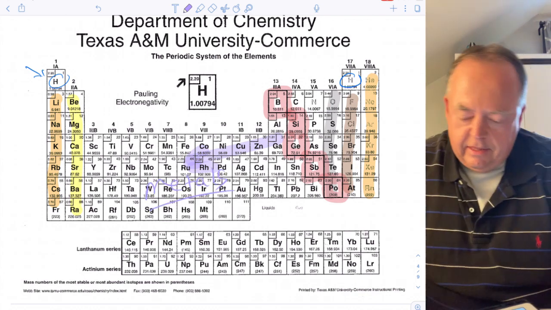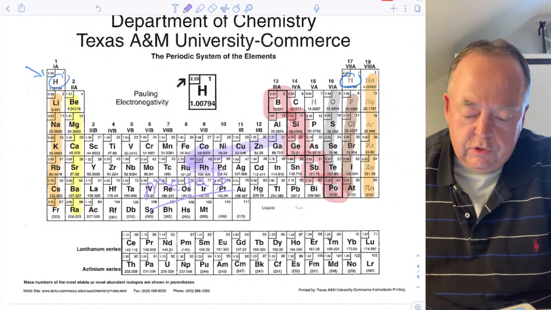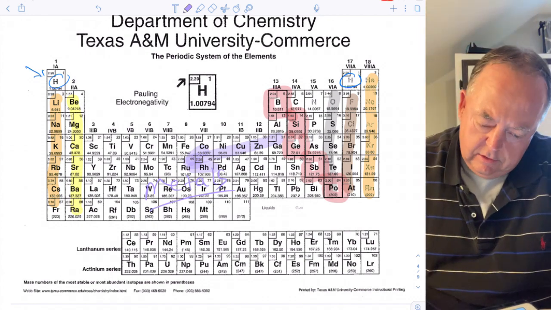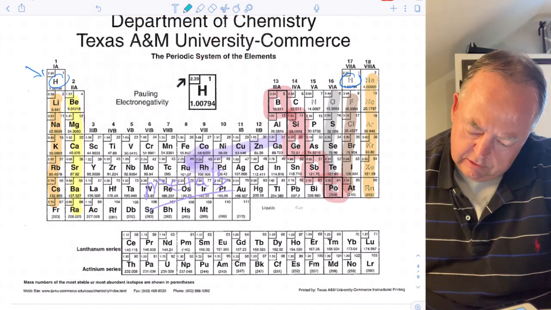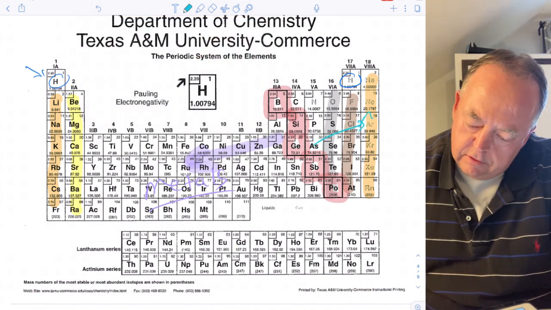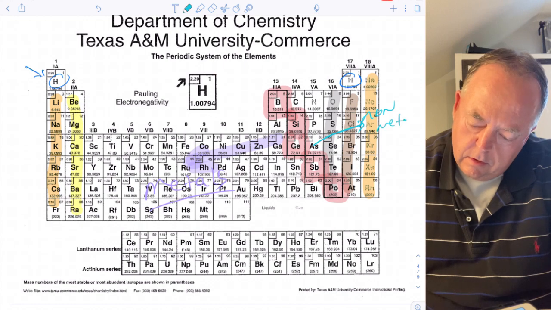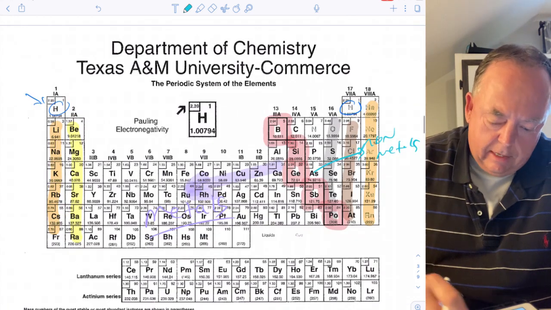And then everything to the right of the metalloids would be the nonmetals. So we'll go in the other direction. So this way would be the nonmetals, everything to the right of the metalloids.